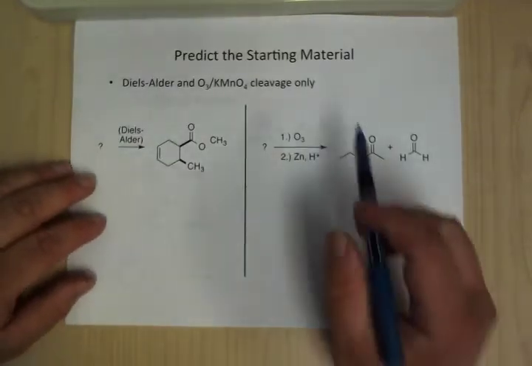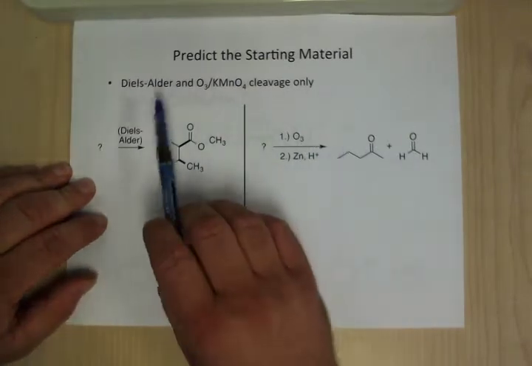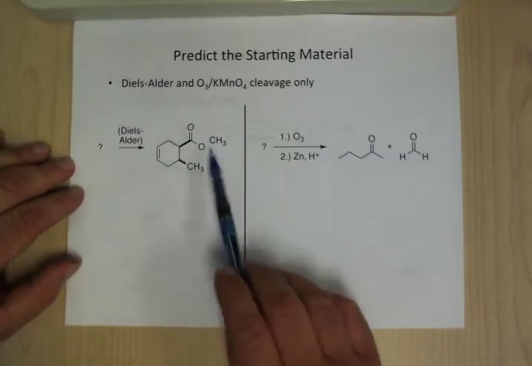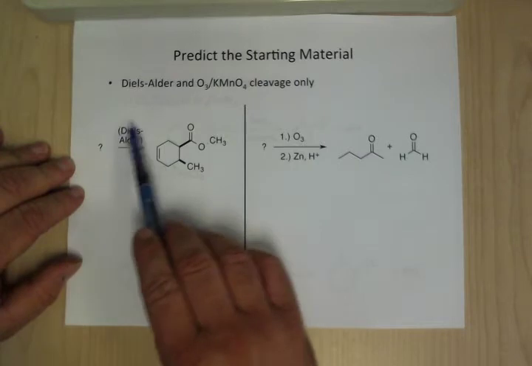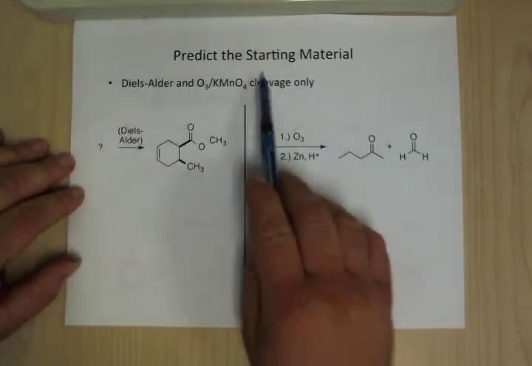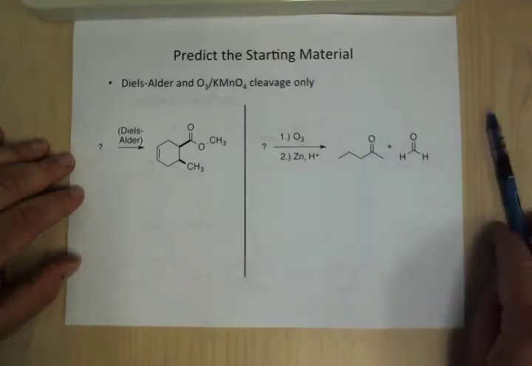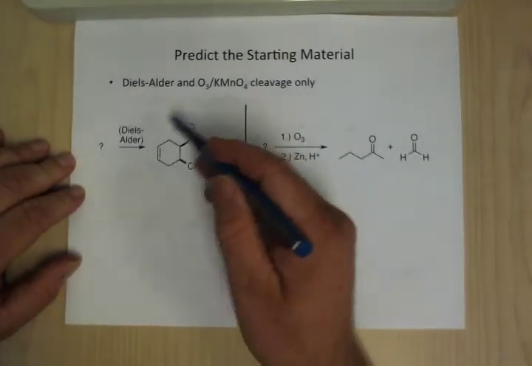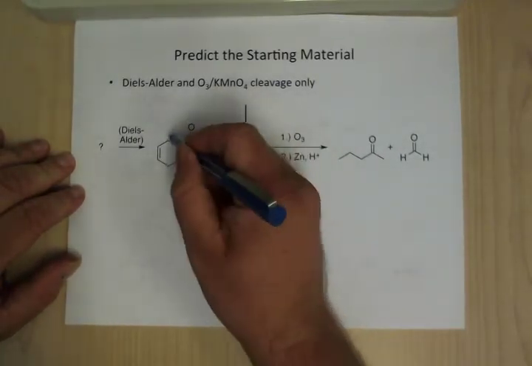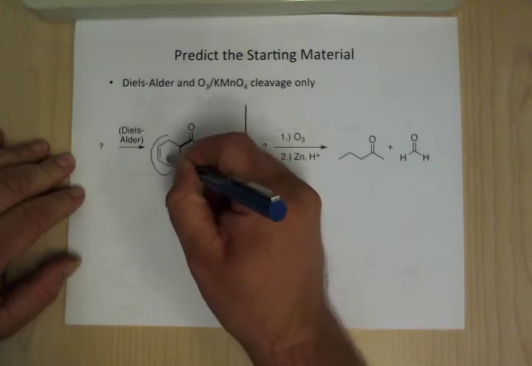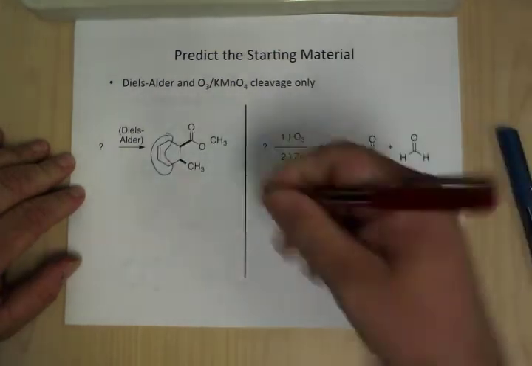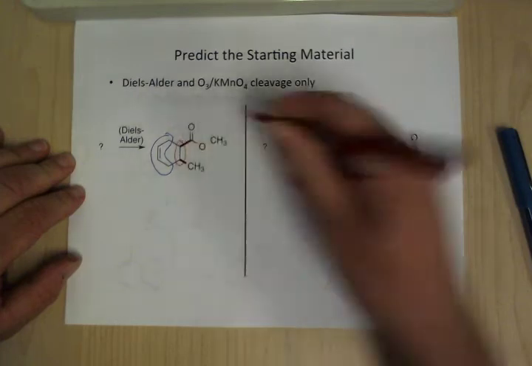For this one, predict the starting material. What are you going to need in order to be able to make this molecule? And I'll tell you if it's either a Diels-Alder or an oxidative cleavage here. So for the Diels-Alder, here's the 6-membered ring. The diene is going to be these 4 carbons here, and the dienophile is going to be those 2 carbons there.